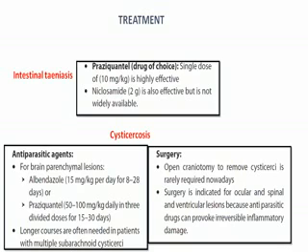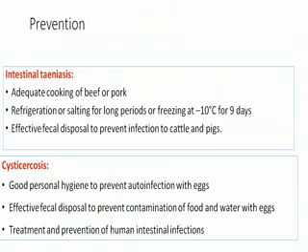So prevention is better than cure. First, for intestinal teniasis, adequately cook beef or pork, and use refrigeration or salting for longer periods, or freezing at -10 degrees Celsius for 9 days, which is effective for killing larval cysts. Next, effective fecal disposal to prevent infection of pigs and cattle.